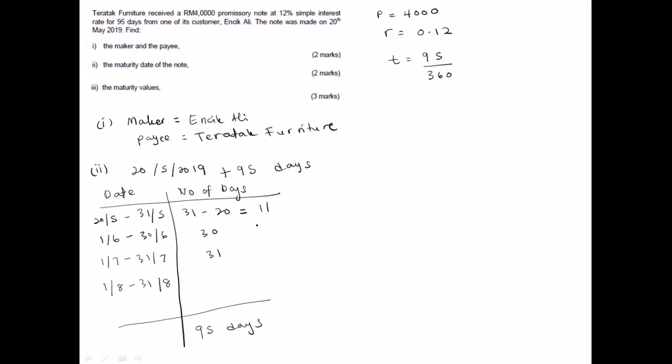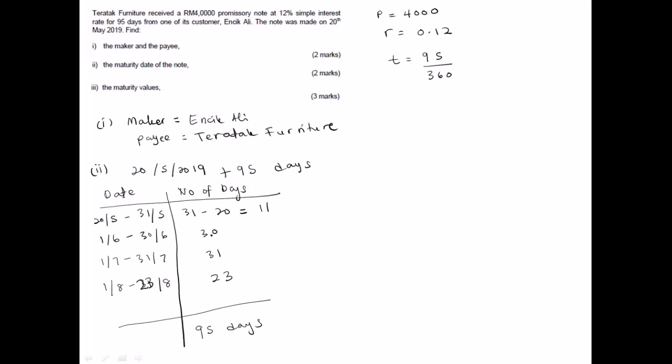So far 11 plus 30 plus 31, we already got 72. So we need 23 more days, meaning 1st August until 23 August.